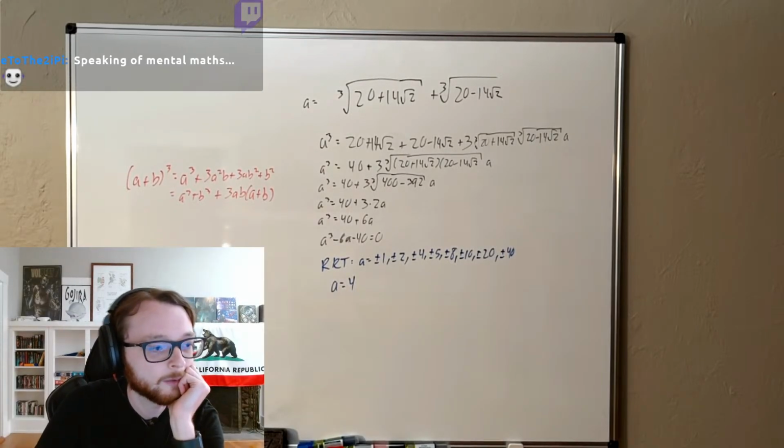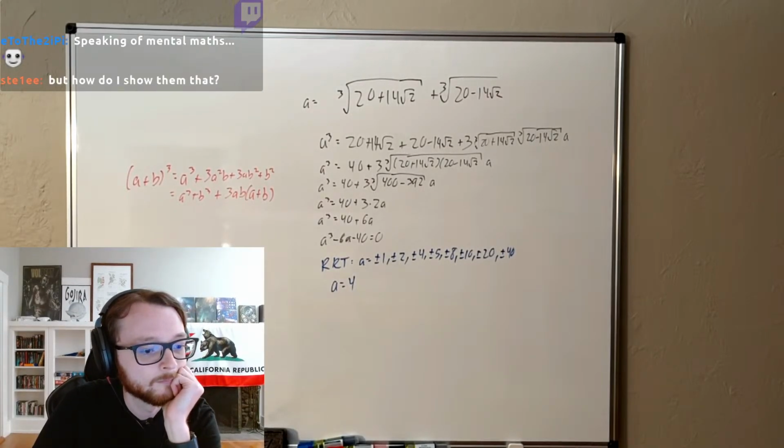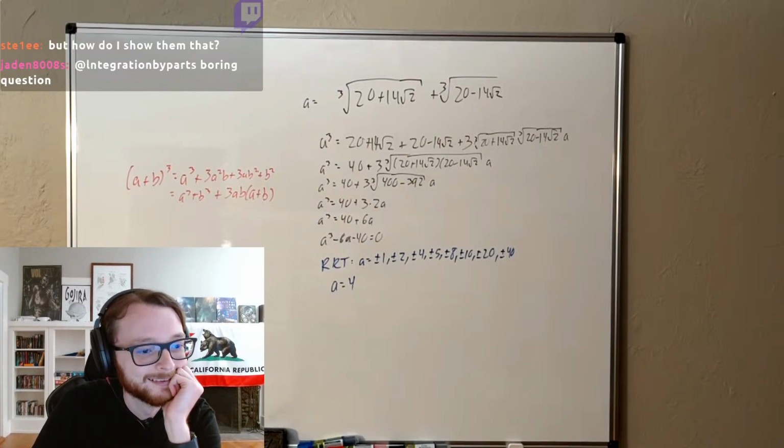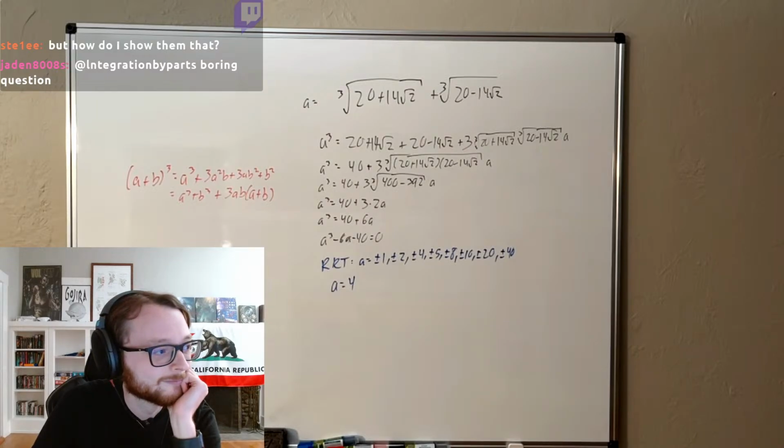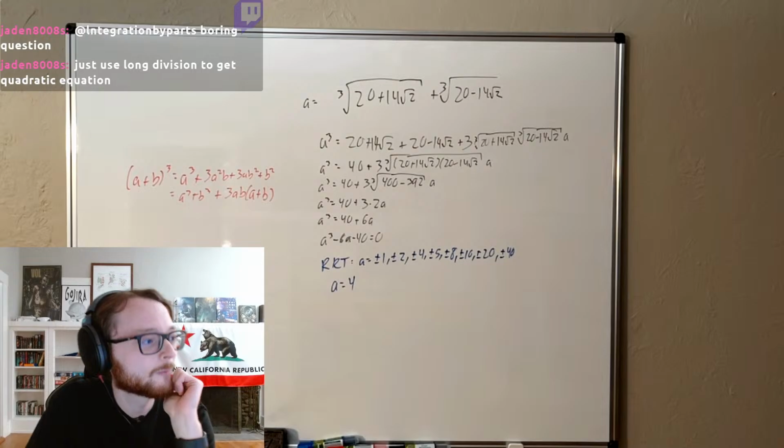How do I show them that? What do you mean? Like, how do you show them getting A equals 4?